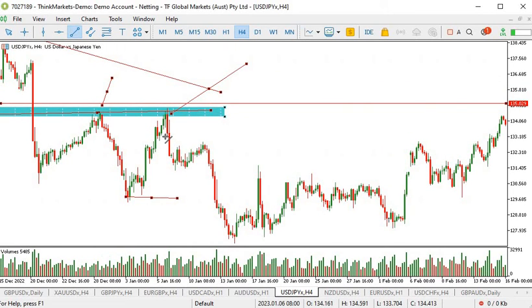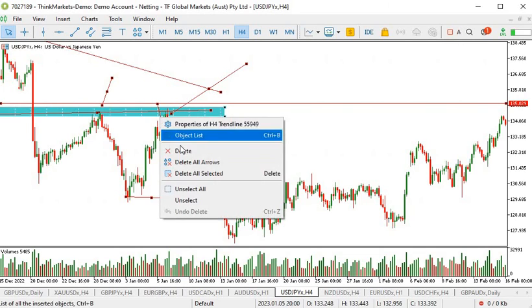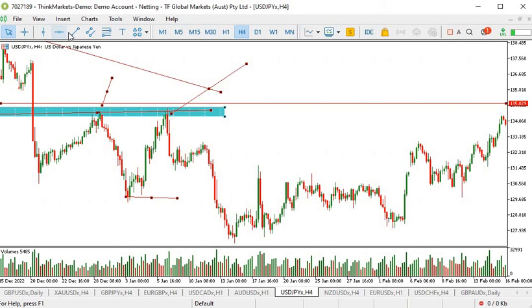So how much are we risking? We are risking 185 pips. And how much are we gaining if the trade moves in our direction? We are gaining almost 340 or 350 pips.